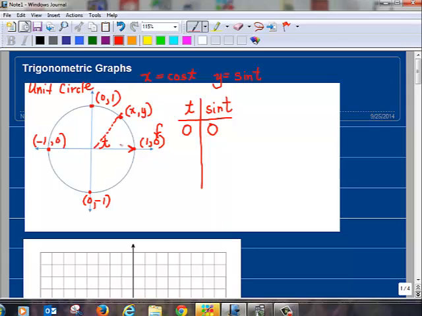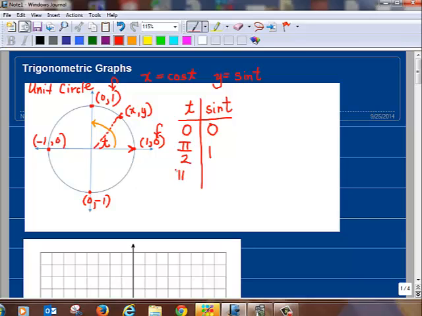If I rotate in the positive direction, remember that counterclockwise is the positive direction, by 90 degrees or pi over 2 radians, the sine of pi over 2 is 1.